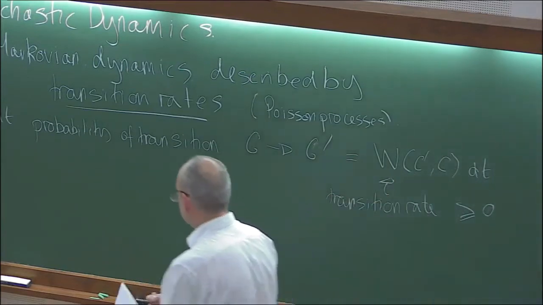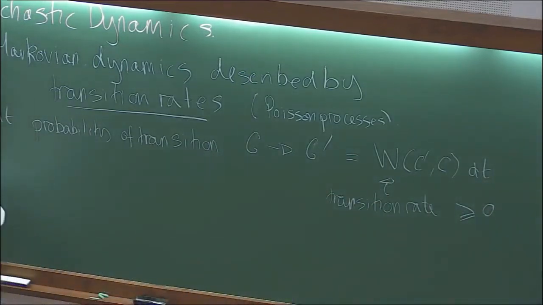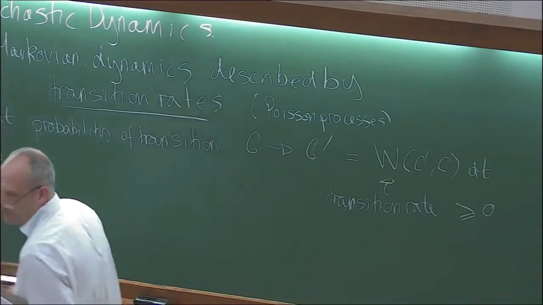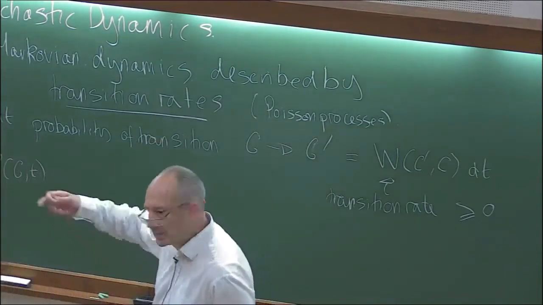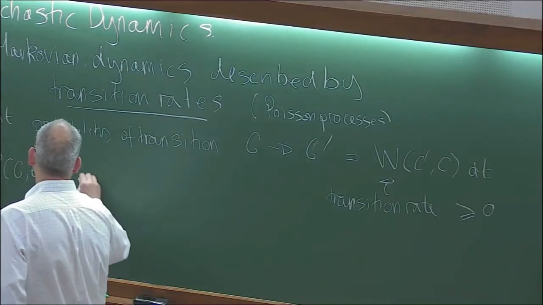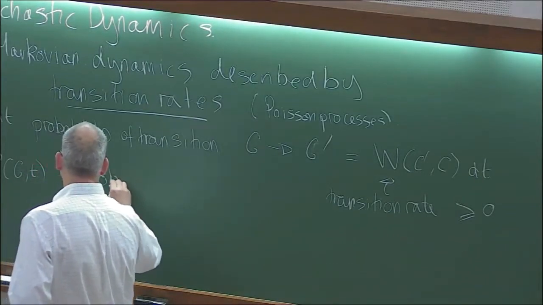Also, what I'm going to do now is let P of C, t, this is obvious, be just the probability that after time t, the system is in configuration C. So I'll abbreviate probability just to prob.